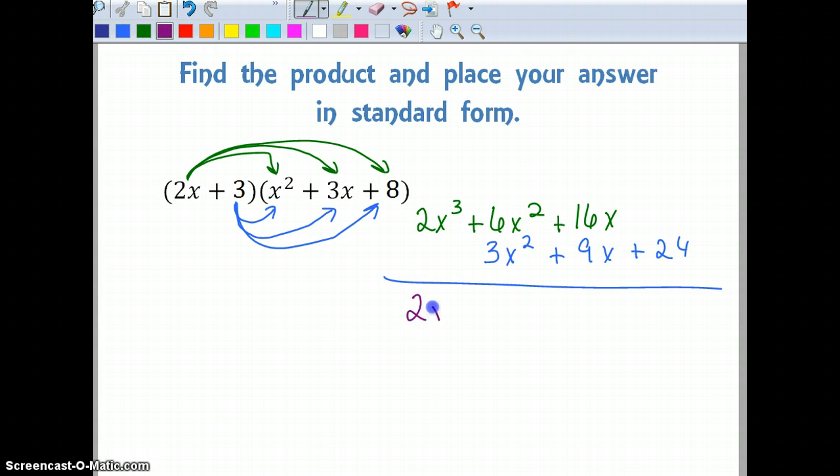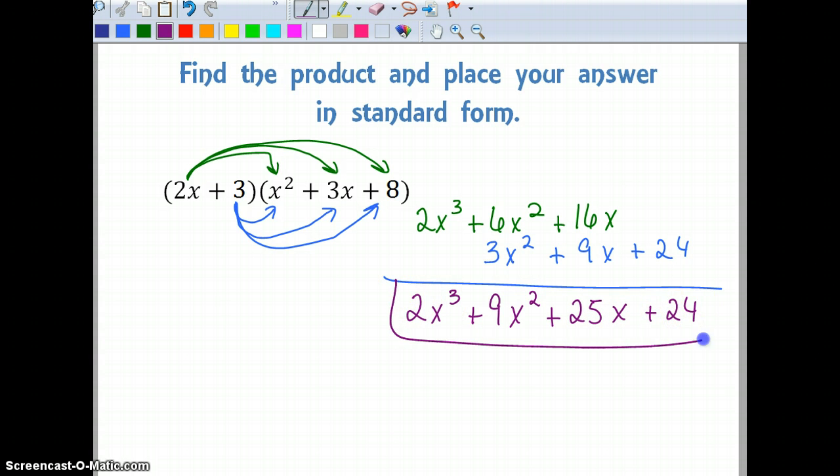So I end up with 2x cubed plus 6 plus 3 is 9, x squared, plus 16x plus 9x gives me 25x, plus 24. And this is my final answer.